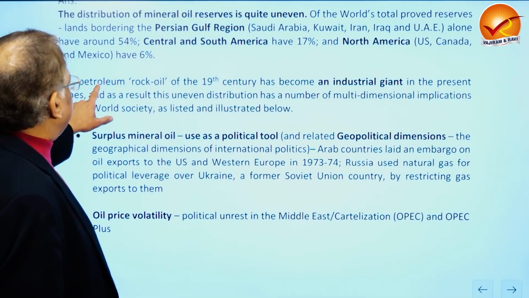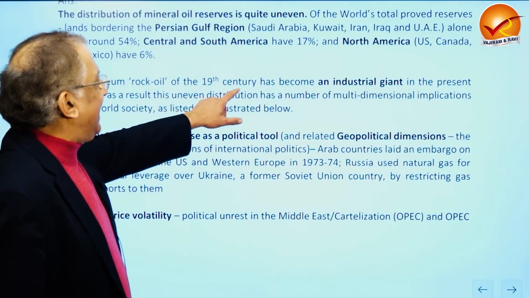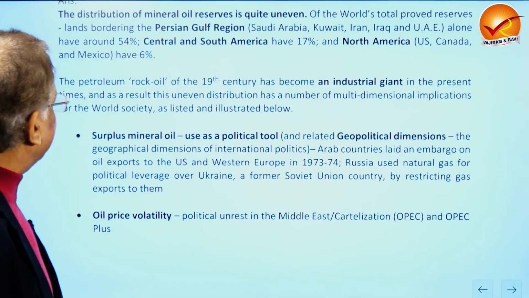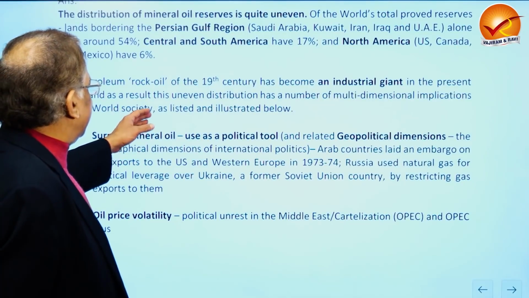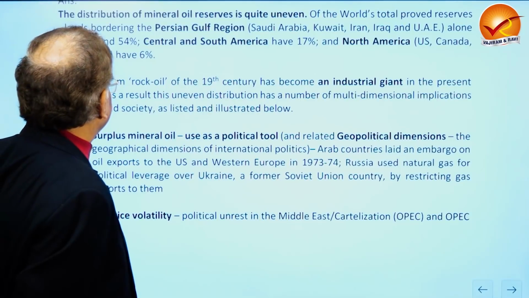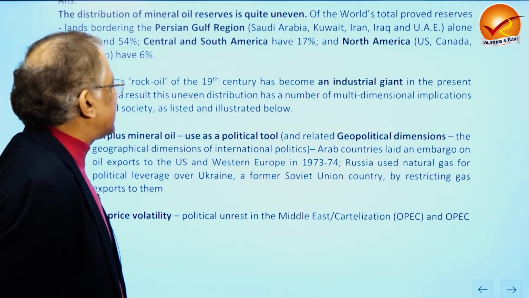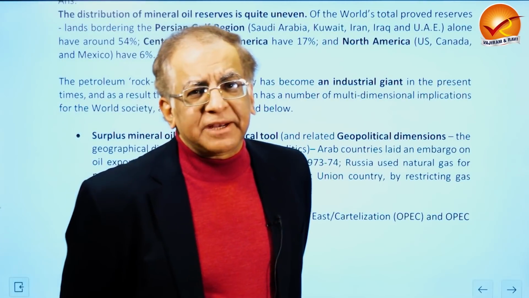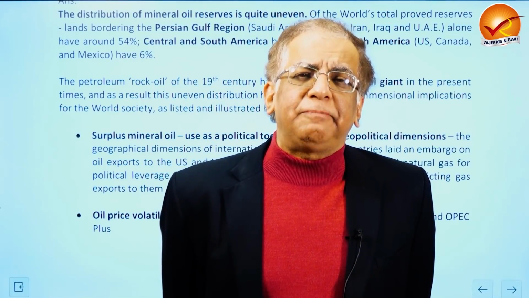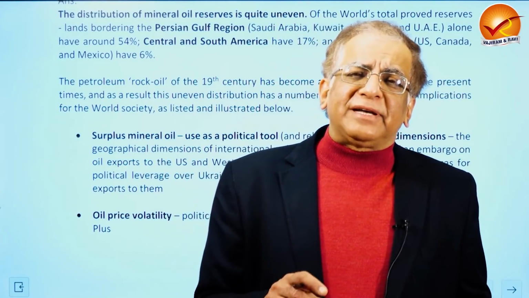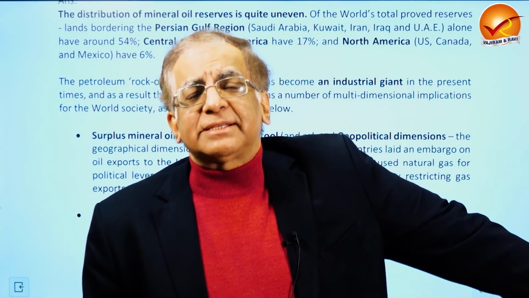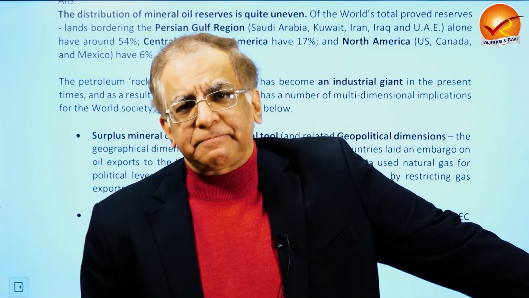The petroleum, the rock oil of the 19th century, today has become an industrial giant in the present times, and as a result, this uneven distribution has a number of multidimensional implications for world society, as listed and illustrated below. Remember, when you read about the oil resource, you will get to know that from the time of the First World War, this oil's importance started increasing in a big way.